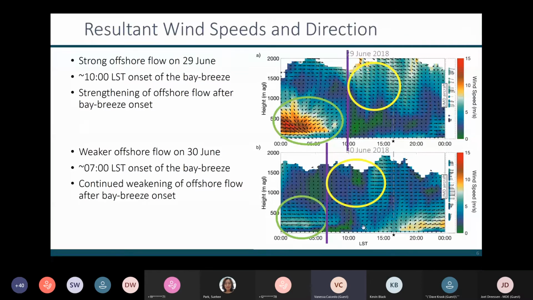Above the onshore flow, in these lower altitudes, we do see that return flow of the offshore flow, but more specifically, that offshore flow does slow down when we are able to develop a Bay Breeze. For June 29th, it pretty quickly gets relatively strong again, but for June 30th, it remains pretty weak above the Bay Breeze.